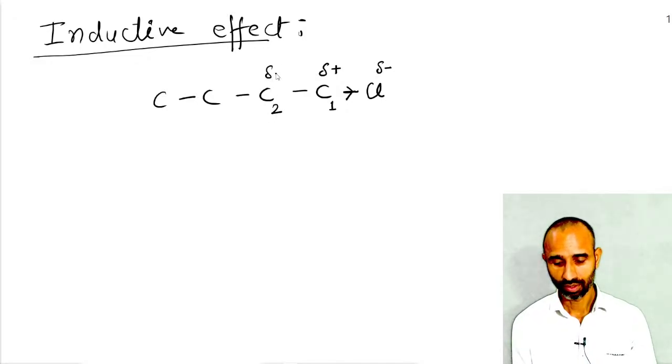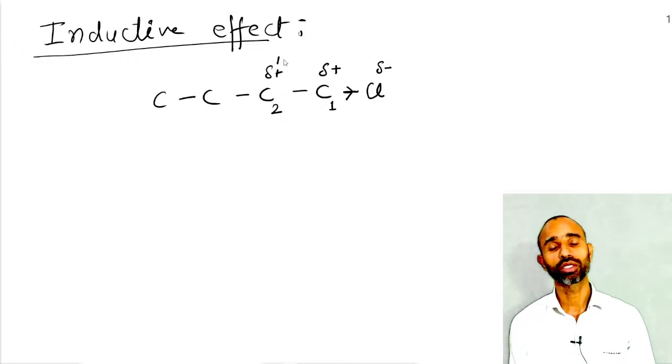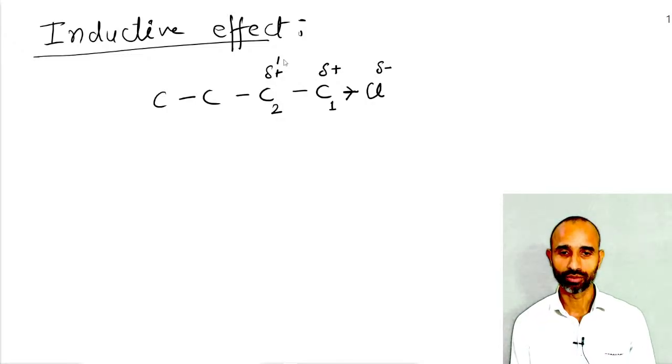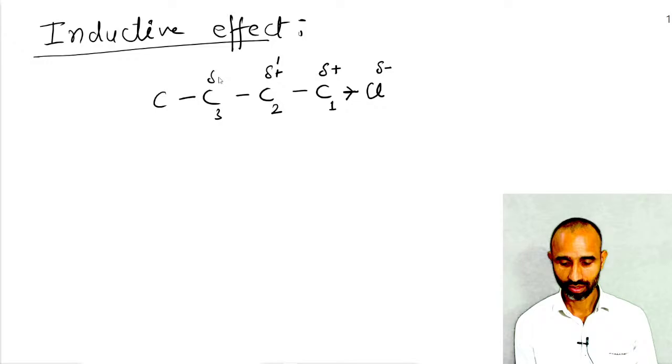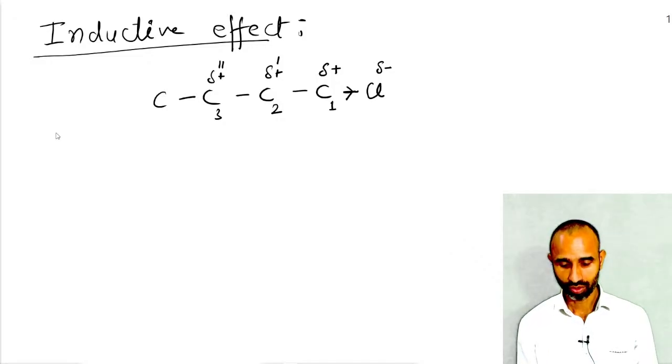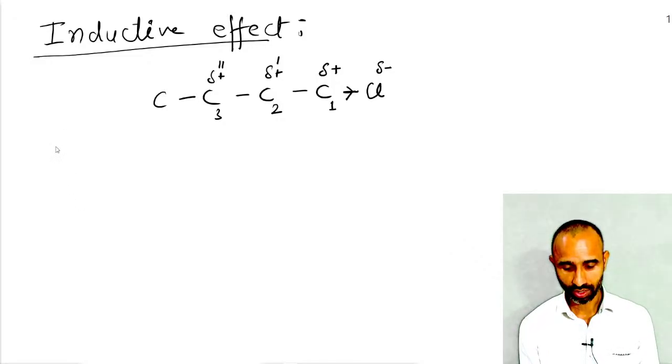So the first carbon will get positive charge, so it will withdraw electron from the second carbon. And therefore again the second carbon gets positive charge but less than the carbon atom which is directly attached to chlorine, and the third will get positive charge less than that. So what is inductive effect?